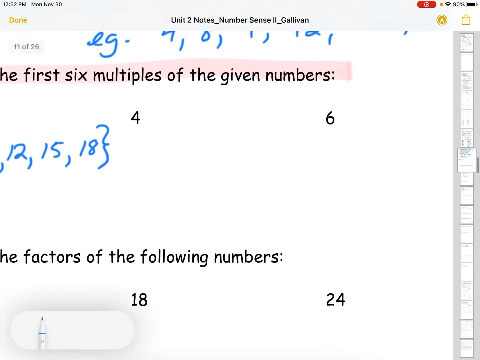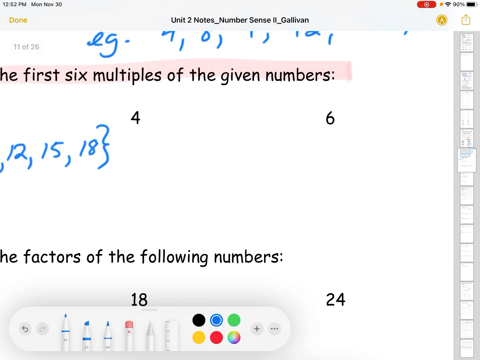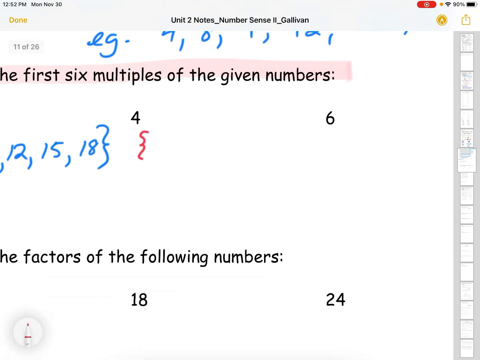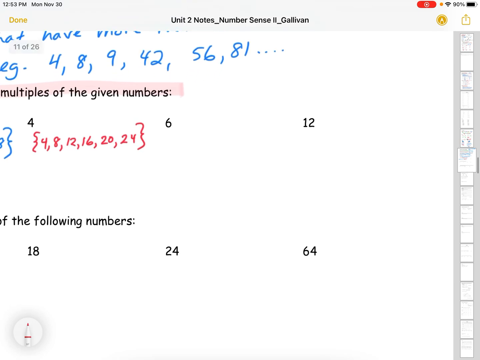For 4, let's look at 4. Again, 4 times 1 is 4, times 2 is 8, times 3 is 12, times 4 is 16, times 5 is 20, times 6 is 24. Okay?